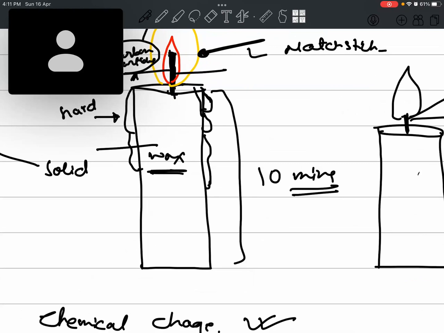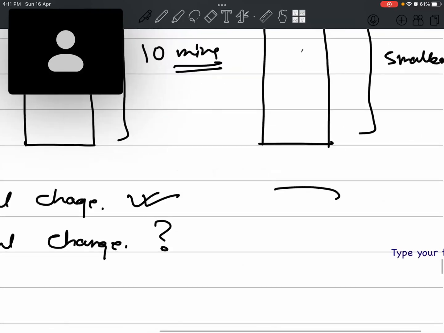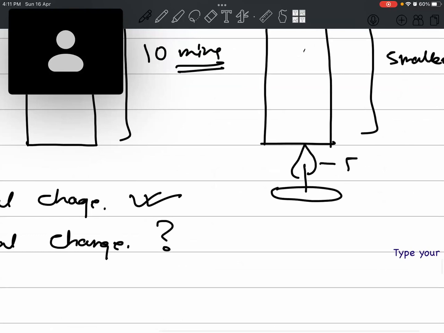So here what happened? Due to the heat of the flame, this wax was getting converted into liquid form and then it settled down. What was happening? This is the flame. Let's say this is the candle.